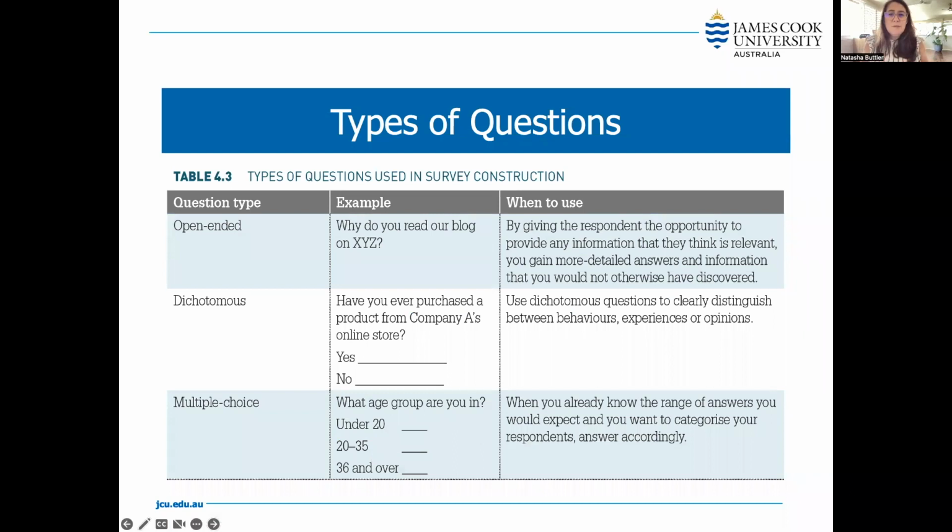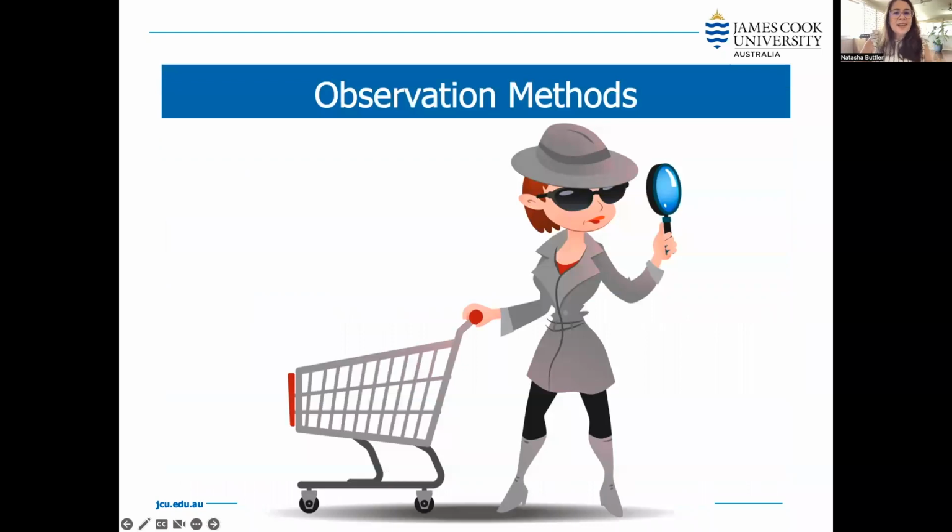And we need to be careful about the types of questions that a respondent might consider too personal, and they might require an admission of activities that other people might be likely to condemn. So in your textbook in table 4.3, there is some examples of open-ended, dichotomous or multiple choice questions. And generally we would use a combination of all types and some open-ended questions too, to give us some quantitative data as well when we're conducting our research.